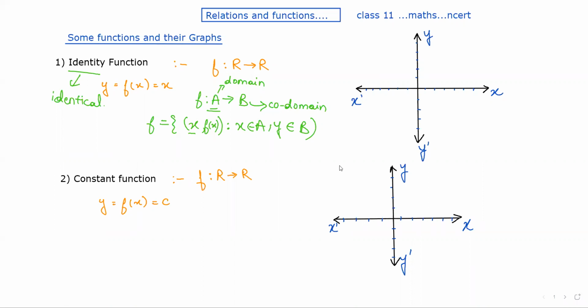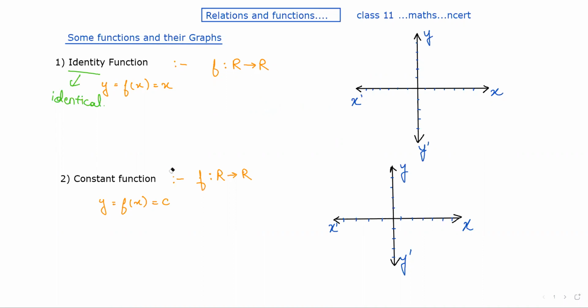Hope this is understood. This was just a recall of what we studied in the last class. Now, based on this idea, we'll build up some standard functions. First one is the identity function, which means that whatever value of x you place in your formula, you have y equals f of x.